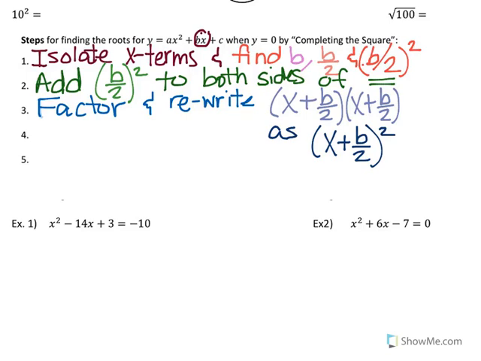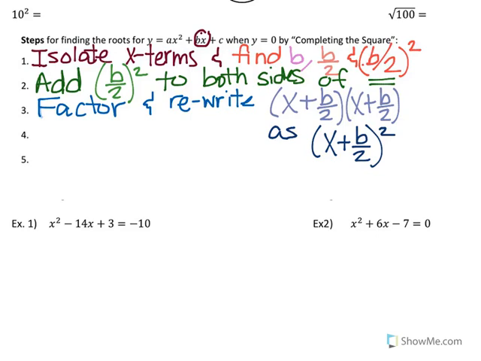This is always going to be a pattern that works, where you'll have your b over 2 term in the parentheses, and because it is the same concept written twice, like x plus b over 2 times x plus b over 2, you can shorten it and write it as one set of parentheses, x plus b over 2, the whole thing squared.